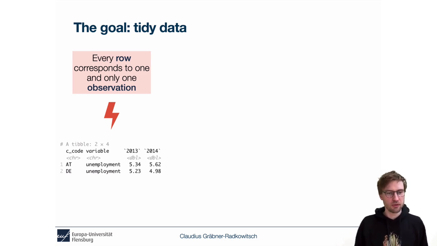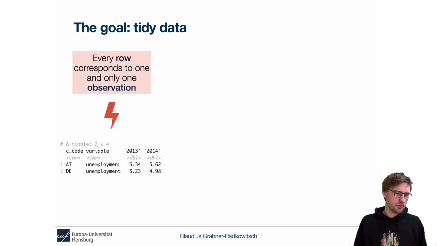Because in the first row, you see the value for unemployment in Austria, both for the year 2013 and 2014. And you can basically grasp the change from one year to the other by reading the values from left to right. So this is something you see very, very often in papers. And there's nothing bad with this kind of presentation of data.